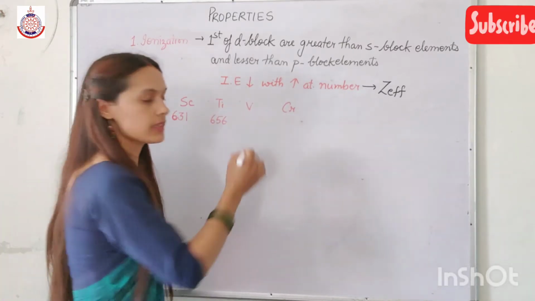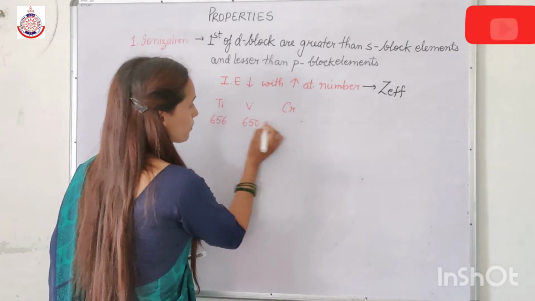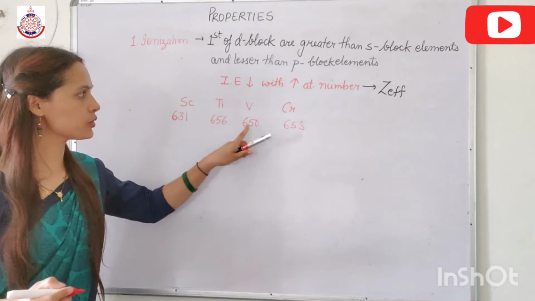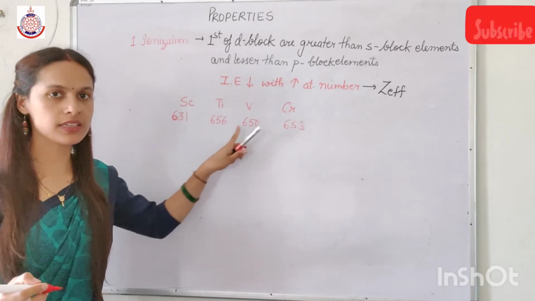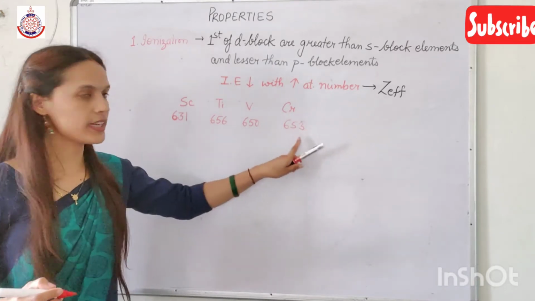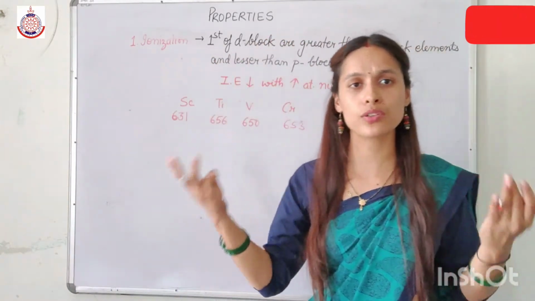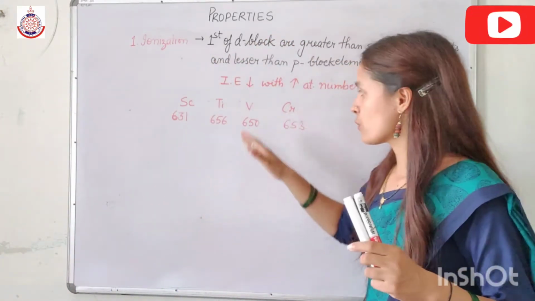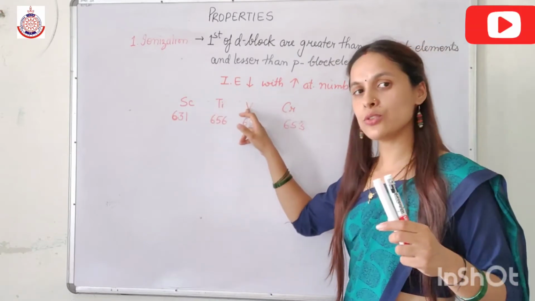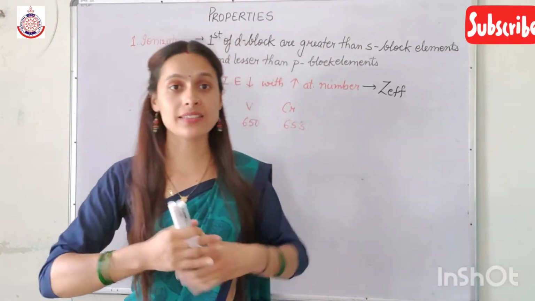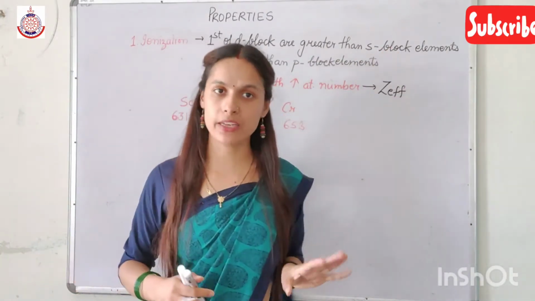That of vanadium is 650. That of chromium is 653. Means while moving from titanium to vanadium, there is a difference of 6. While moving from vanadium to chromium, there is a difference of only 3 kilojoule. So when we move from one element to another in D block, the difference is very small as compared to the S and the P block elements.